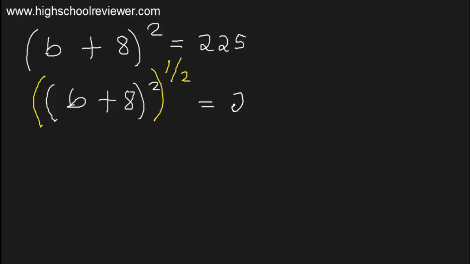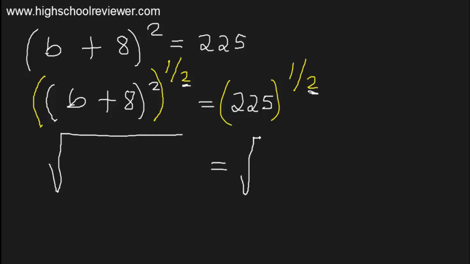The same is true on the right side: we have 225, and we raise this to 1/2. Now, since the denominator of the exponent is 2, this will be equal to the square root.